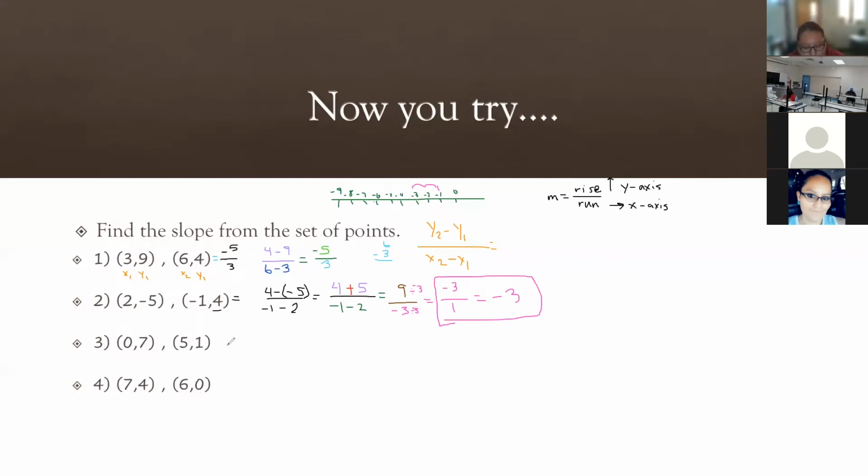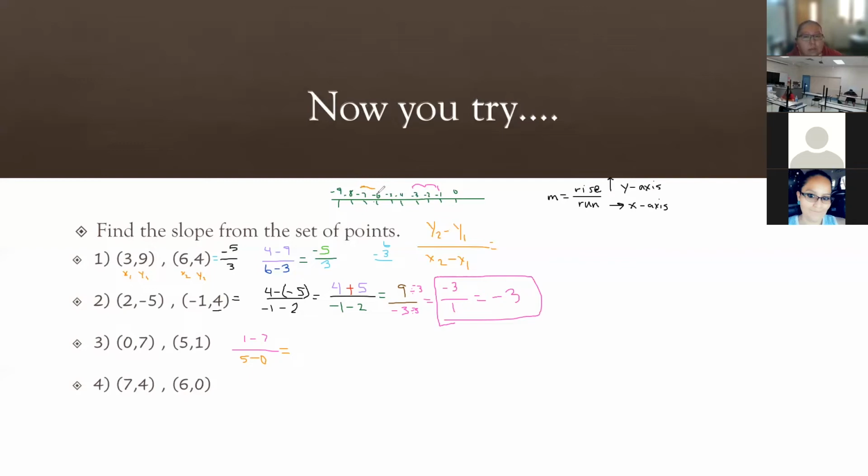So for our next one, so we have 1 minus 7. And then we have our 5 minus 0. So our 1 minus 7, but we're going to move this way.